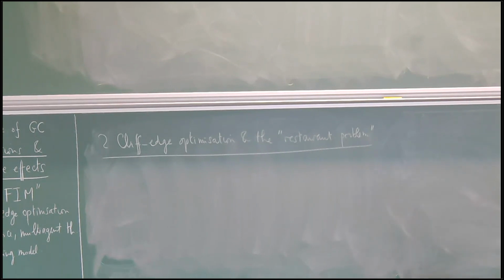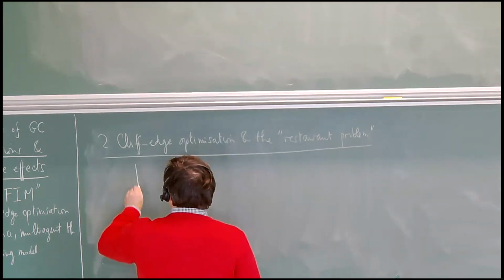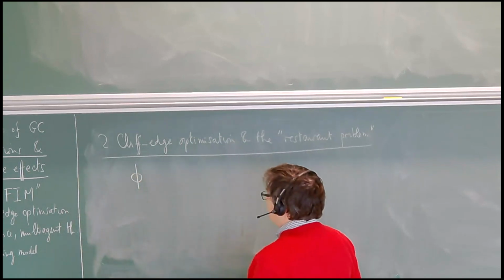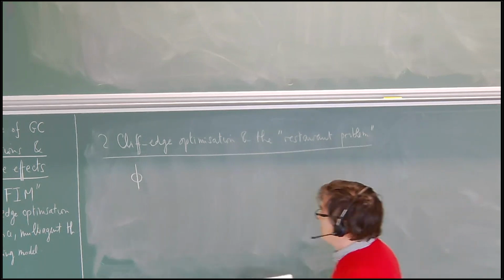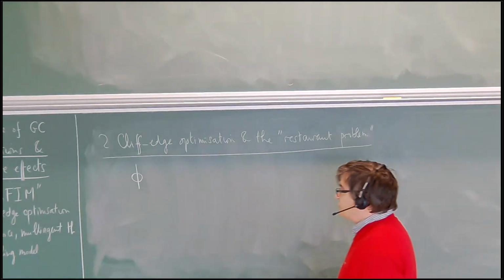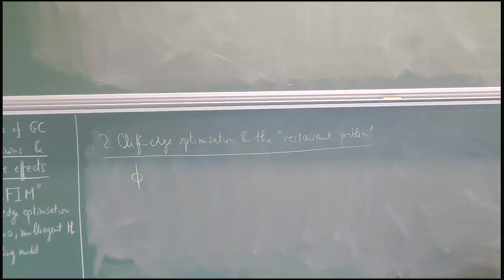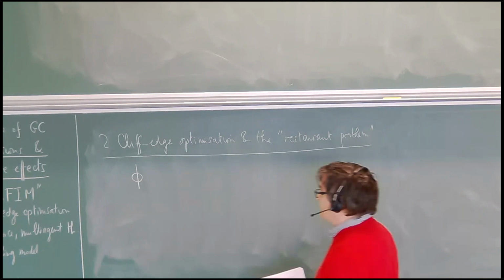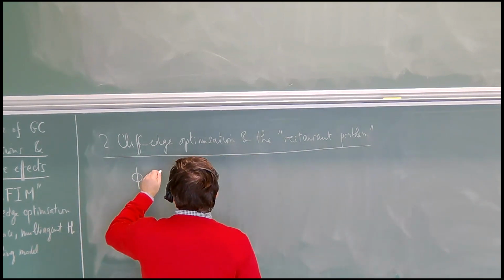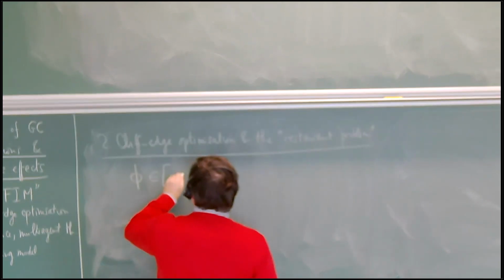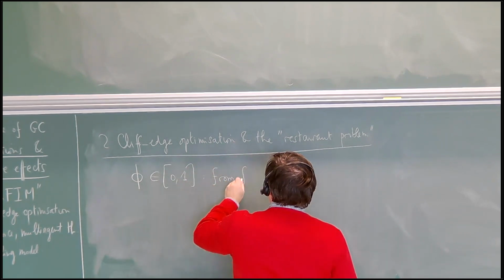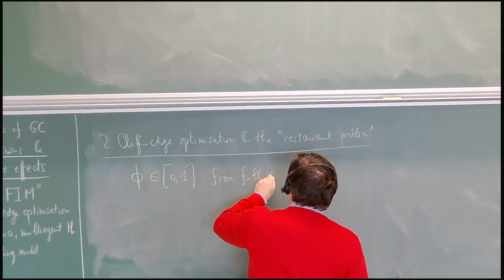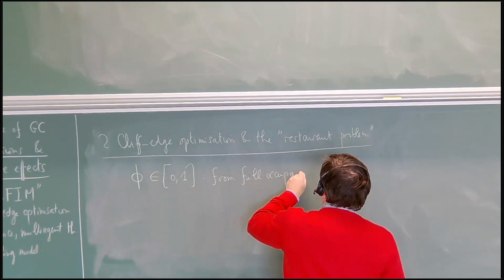So I'm going to call phi the occupation rate of the restaurant, very similar to what I called phi before. You remember phi was related to m. So phi equals 0 means that nobody goes to that restaurant, and phi equal 1 is the full occupancy. So it belongs to [0, 1], from vacant to full occupancy.